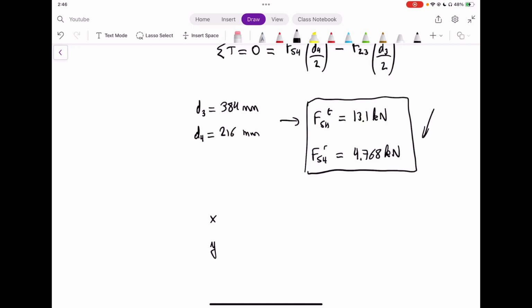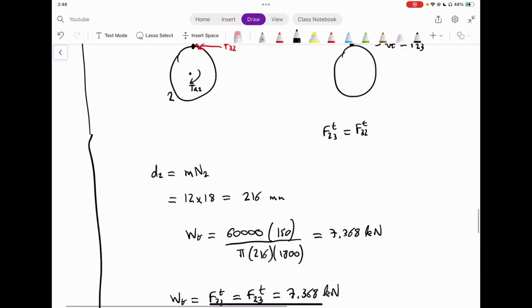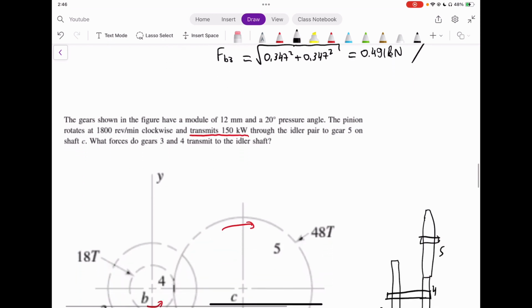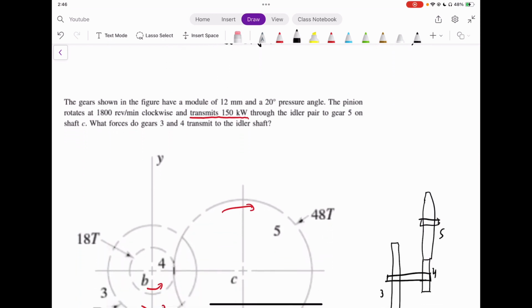So if you wanted to, you could go one step further and write them in the Y and X direction and sum them up. If not, this would be enough information for us to solve the problem of what forces gears 3 and 4 transmit to the idler shaft. Those are the forces that would be transmitted to the idler shaft, the F23 and F54.